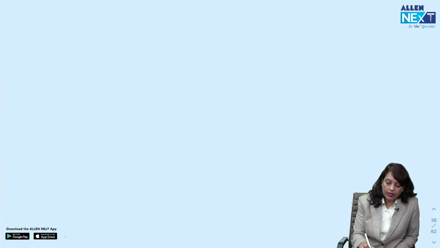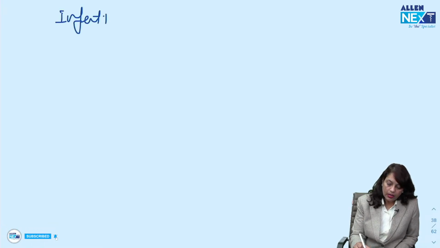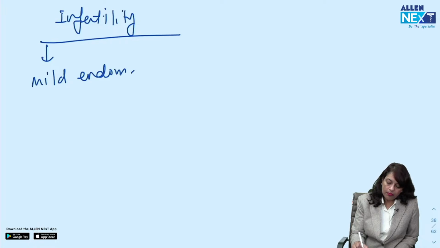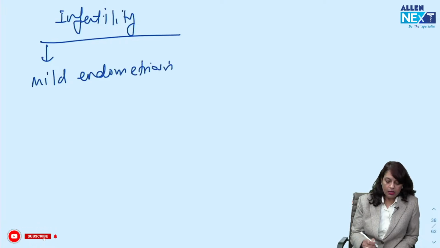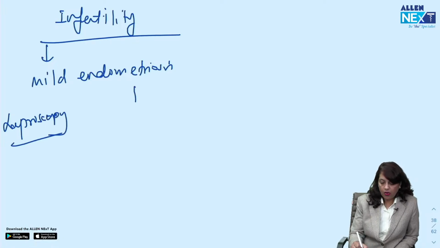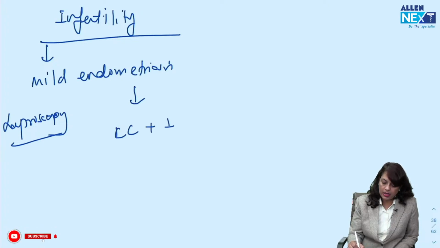And what is the treatment of infertility in endometriosis? For mild endometriosis, you can try laparoscopy and laparoscopic adhesiolysis, but usually here it is clomiphene citrate plus IUI, intrauterine insemination.